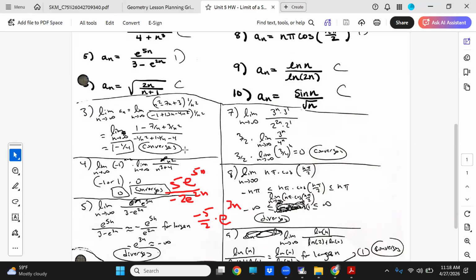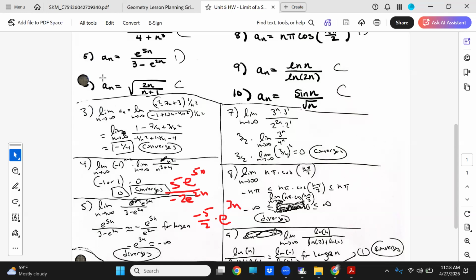So I know this is less than n pi and greater than negative n pi. Here's a problem: what's n approaching? If it were 0, it would fully converge because you squeeze them. But the bounds go to infinity, so it's not a finite value. Even if I try the squeeze theorem, that doesn't help me. So that's why this diverges.